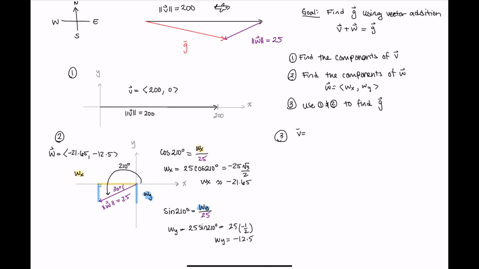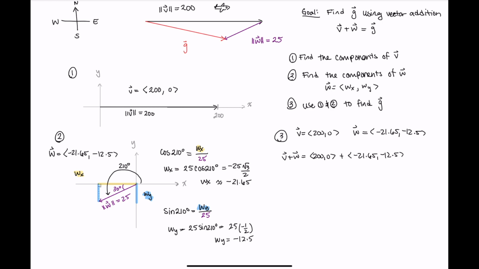So v is equal to 200, comma 0. W is equal to negative 21.65, comma negative 12.5. So sum them up. That's equal to 200, comma 0 plus negative 21.65, comma negative 12.5.